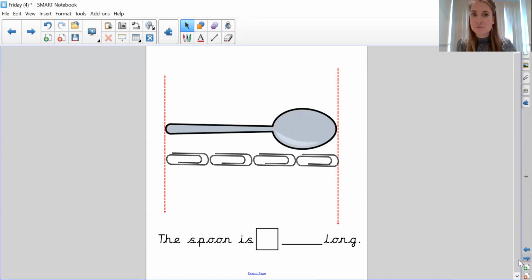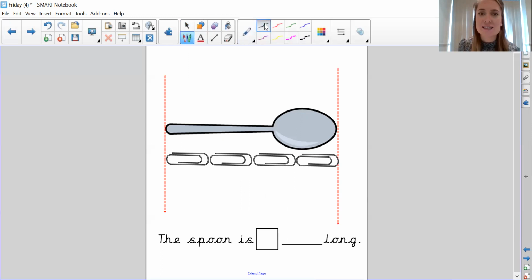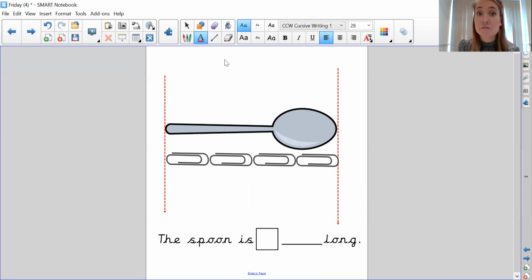So let me show you. So here I've got my spoon. You have to pretend this is on my floor. I've got my spoon and I've measured it using paper clips. So here I'm going to fill it in. How many paper clips long is the spoon? So the spoon is 1, 2, 3, 4.